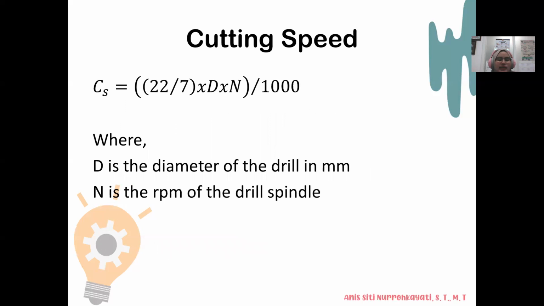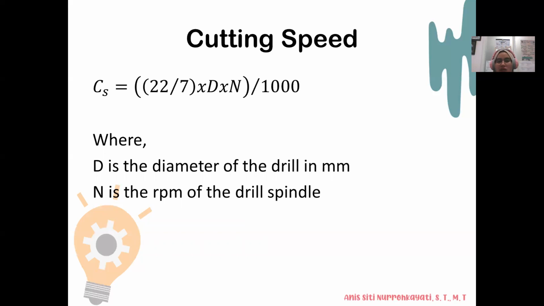Next, in drilling operation, we can calculate cutting speed and feed. The value of cutting speed we can calculate with this equation.